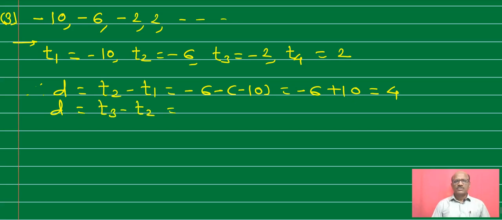T3 minus T2 is equal to minus 2 minus in bracket minus 6. Minus minus will become plus, again it is 4.